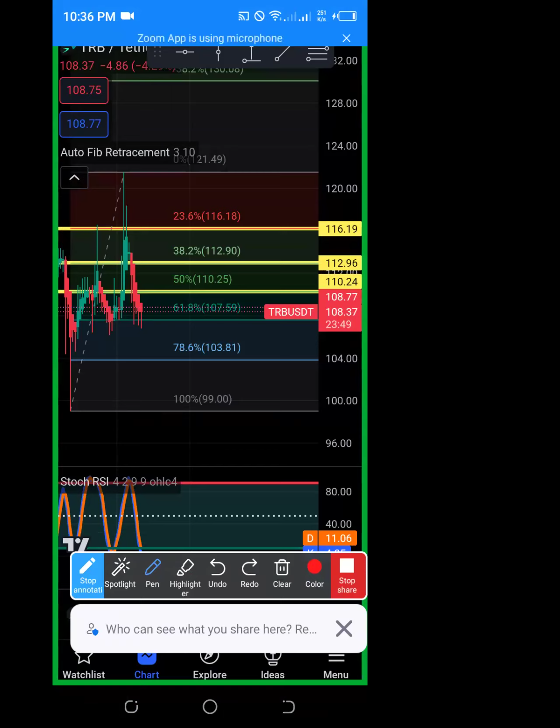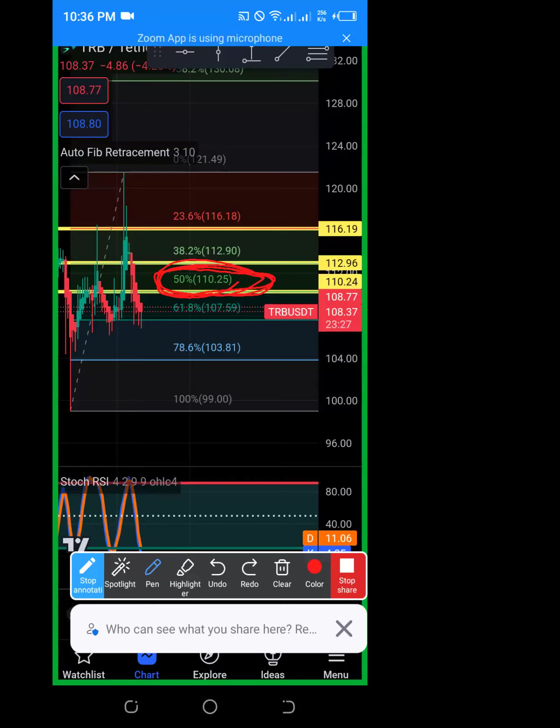If the current price of this coin is above this line of 50%, my friend, don't chase the market.